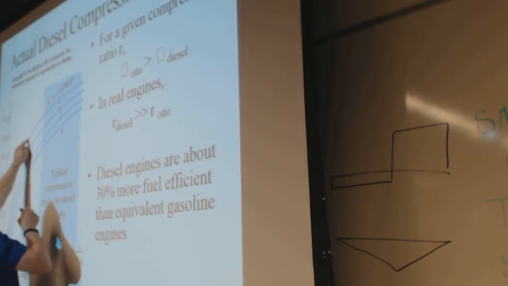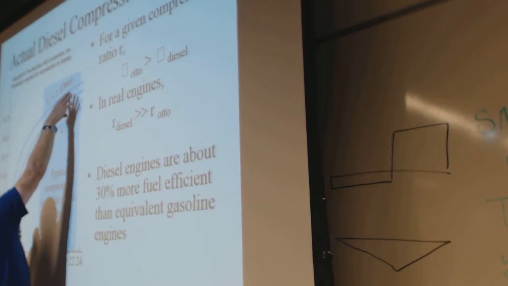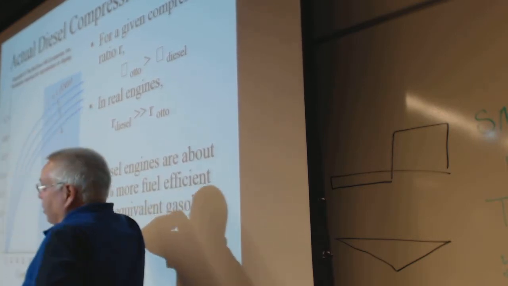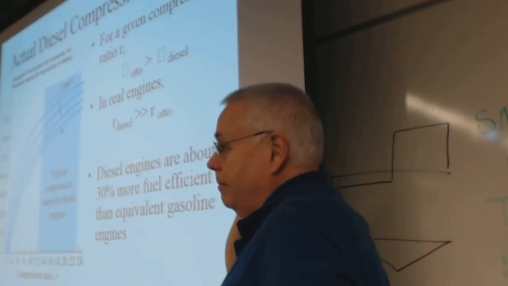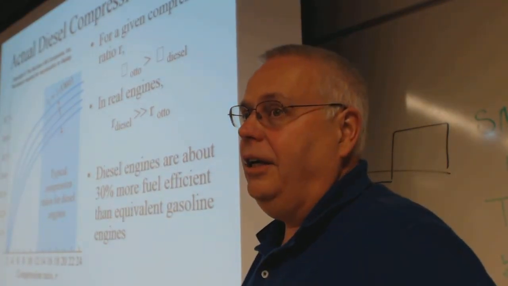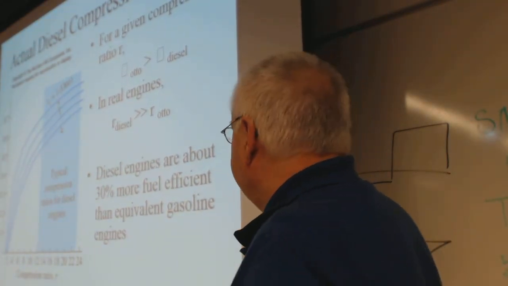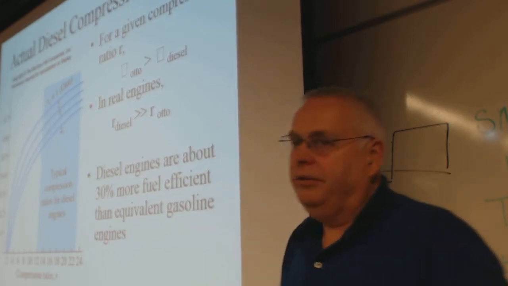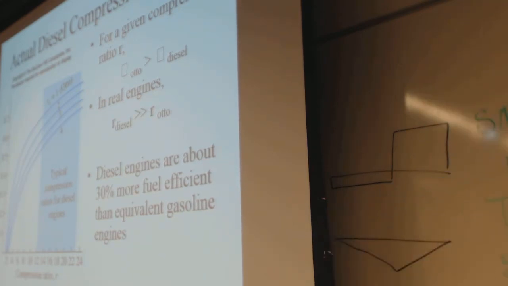So compare this in here to these over in here, where the net effect is your diesels have an inherent higher efficiency. And in reality, they'll get about 30% better fuel efficiency.